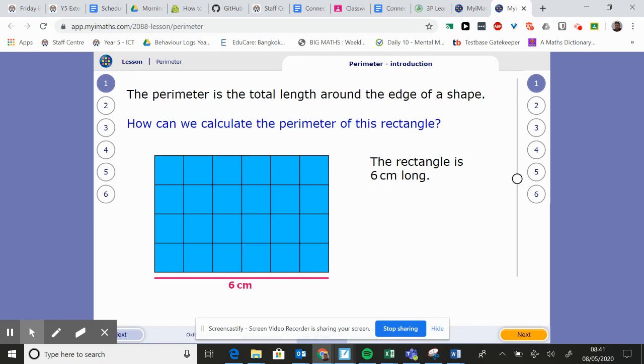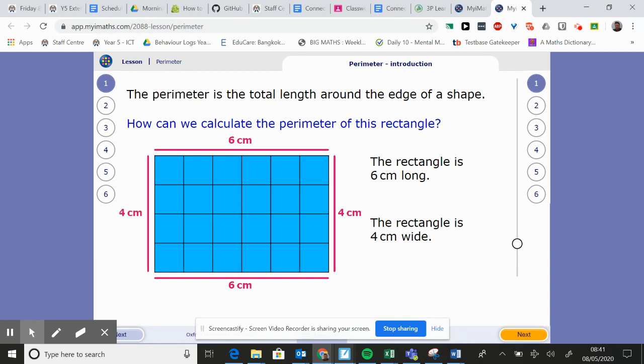We've got 6 centimeters for the length. Now we've got the width or the height, 4 centimeters. And we keep going the whole way around the shape until we've measured every single side. That's really important, especially with the more complicated questions. You need to remember to measure every single side.